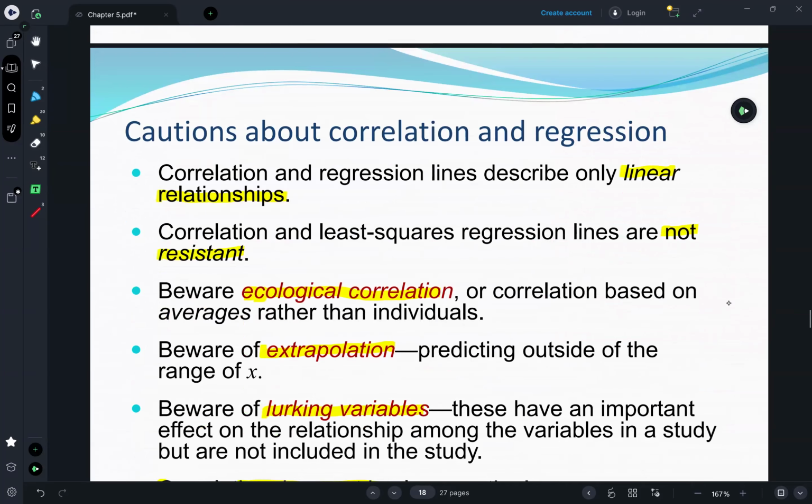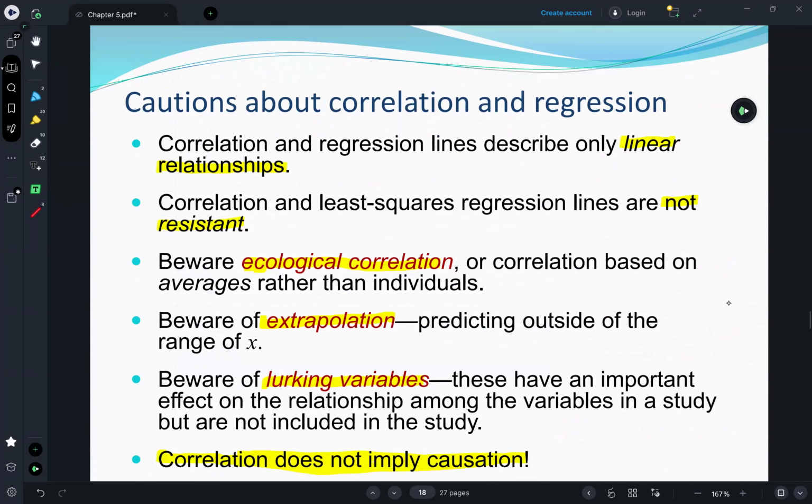Some cautions about correlation and regression. Remember that it's only for linear relationships for this course. All the tools in these chapters, chapters 4 and 5, are for linear only. So we want to keep that in mind. They're not resistant, so even one outlier can change the least squares regression line and the value of the correlation.